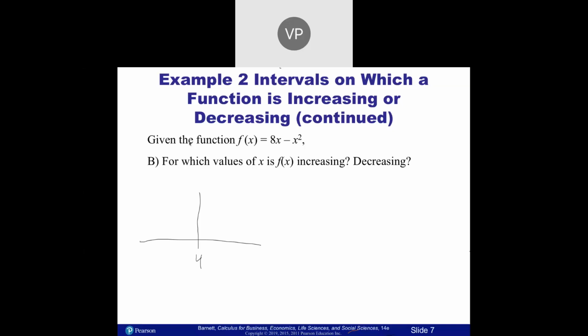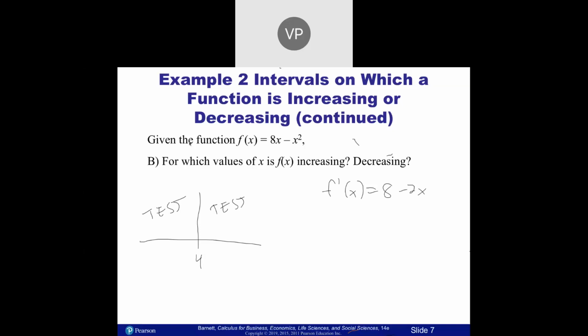I want to test both sides. And the good news is you only have to test one point. So I'm going to test in the derivative. Oh, sorry, that's not my derivative. Let me go back. I erased the derivative. I'm sorry. The derivative is 8 minus 2x.